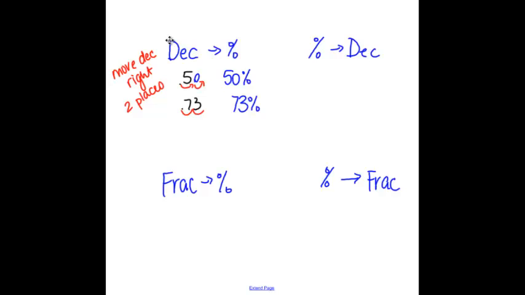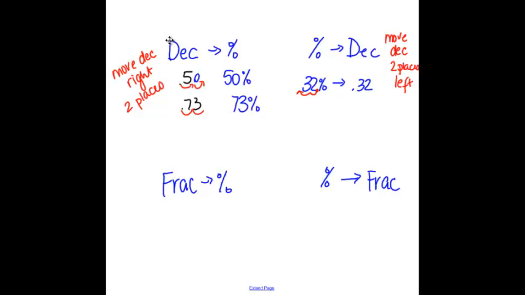Now, if I'm going from a percent to a decimal, I'm going to move the decimal 2 places to the left. And it's going to just work the opposite of the way we just did it. So let's say I had 32%. I move the decimal. Where is the decimal? It's right here. When I don't have a decimal, it's at the end. I go left 2 places, and I get 0.32.